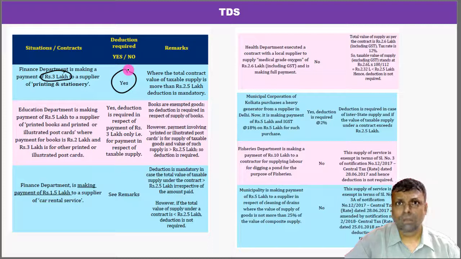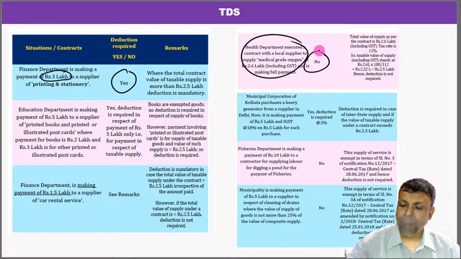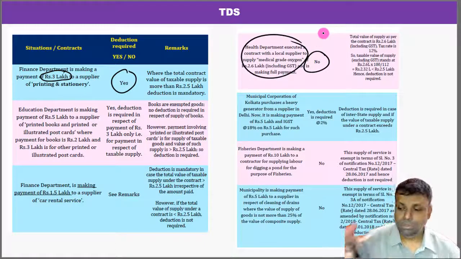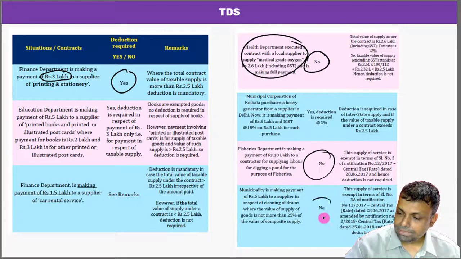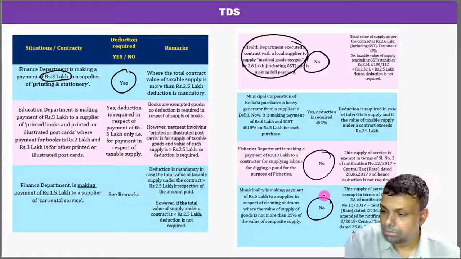However, if this particular contract is for exempted services, then there will be no TDS required. They have given a variety of examples, and there is one extra point in this example that I will also tell you. The board has taken the view, very correctly, that if it is with respect to the exempted supply, then the TDS provisions are never applicable in this situation.